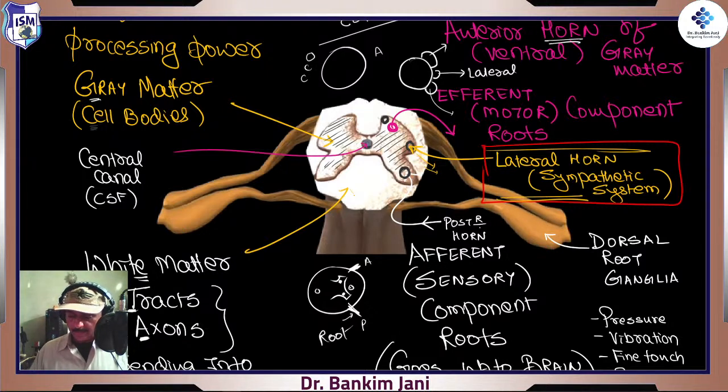So about the lateral horn. In the spine there are three horns: anterior horn, lateral horn, and posterior horn. We finished lateral horn first. I'm working on how to plan this PDF so that it reaches all of you. Coming back to our topic, the lateral horn will be sending information to those organs, because sympathetic is something which is automated.